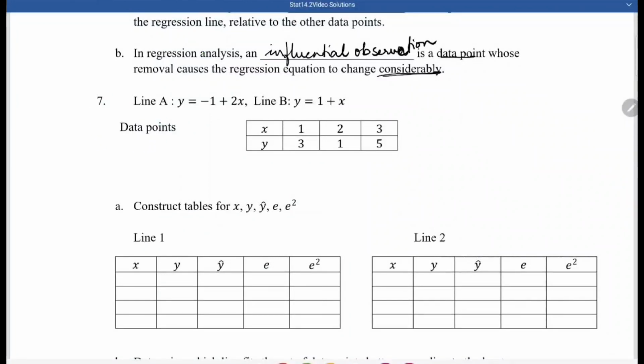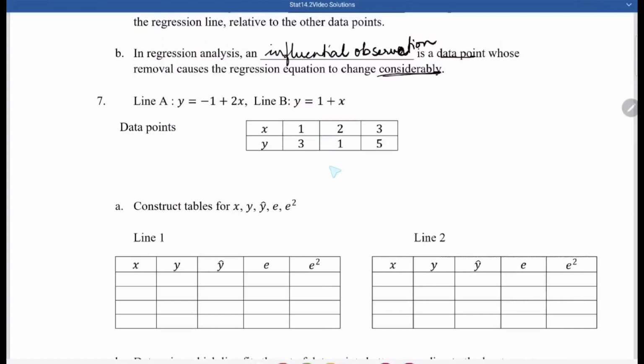Now, question number 7 is about applying the least squares criterion method to decide which of these two lines is the line of best fit. We have line A given with the equation y equals minus 1 plus 2x, and line B has the equation y equals 1 plus x, and this data set in the table represents the actual data that we used to come up with these two lines.